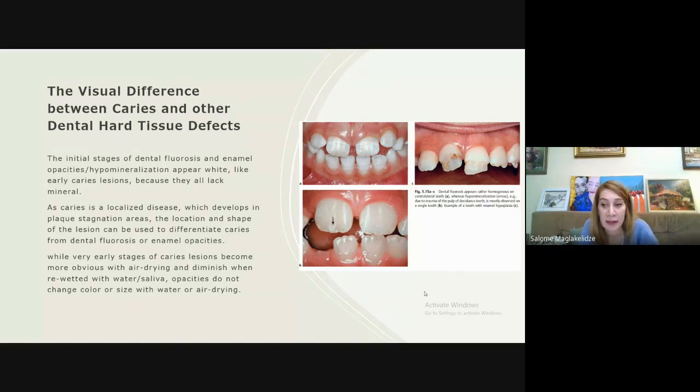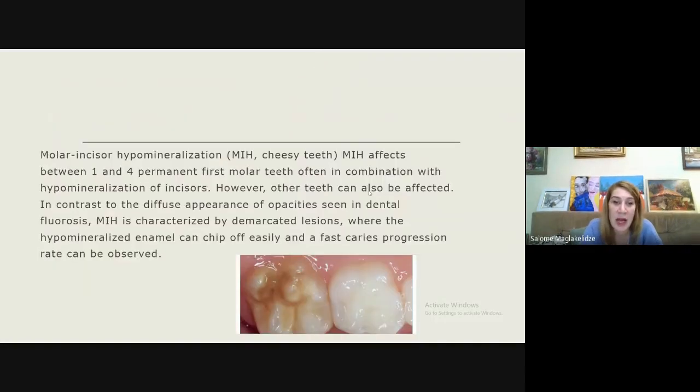Also, in cases of hypoplasia, it's very obvious that this is not a carious disease. You could observe the hypoplasia here. It's a very different shape and form and structure of the enamel, and I think it's not so difficult to differentiate these tissues from each other.